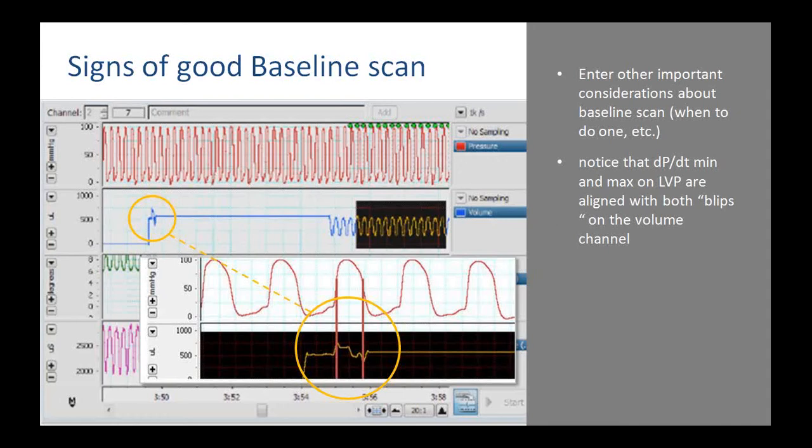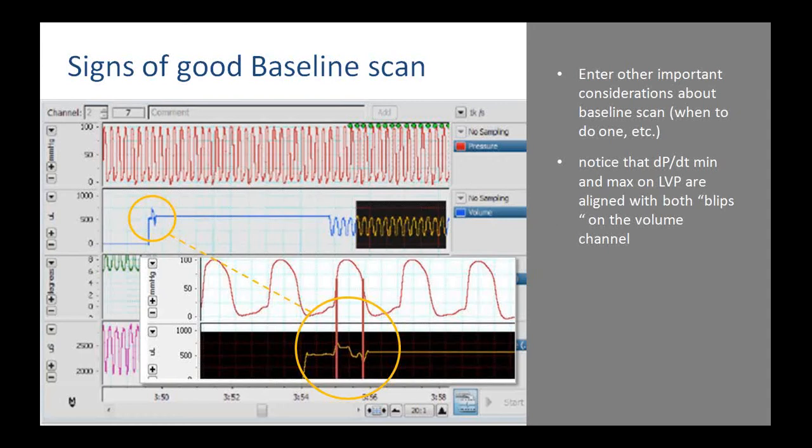When you start a scan for baseline, you observe, encircled in yellow, 2 blips on the blue channel, which is called the volume channel. On the volume channel, those 2 blips are associated with dP/dt max and dP/dt min.